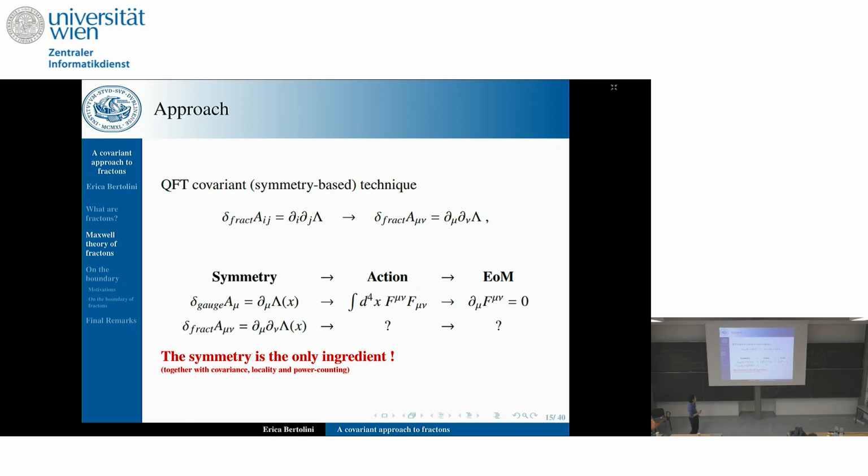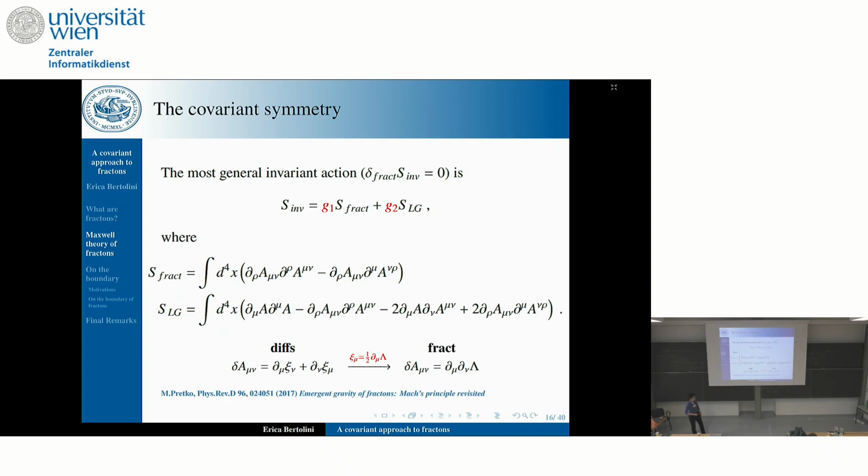So the symmetry, together with covariance, locality, and power counting, are the only ingredients of the model.